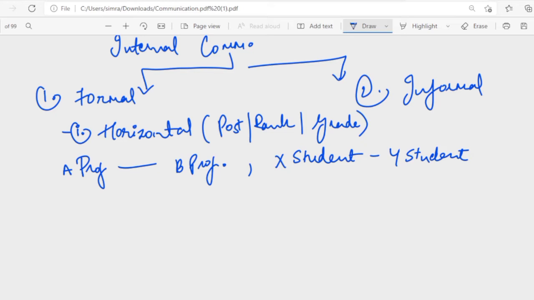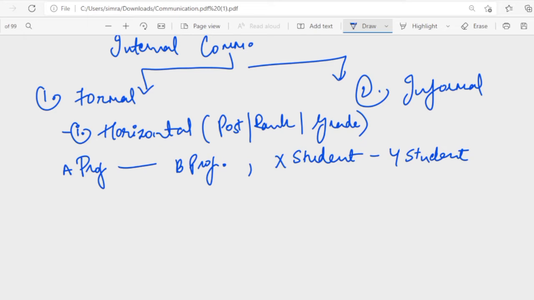Now, second one is vertical. Here you have seen horizontal. Now, what will be vertical? Vertical means up and down, or top to bottom, bottom to top. That is, a person who is at a lower position can talk to his senior, or his senior can talk to that person who is at a lower designation.